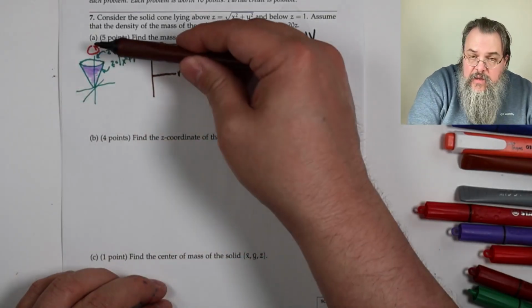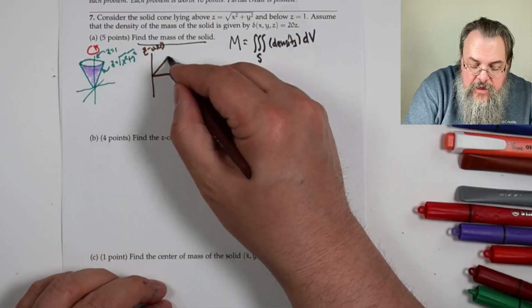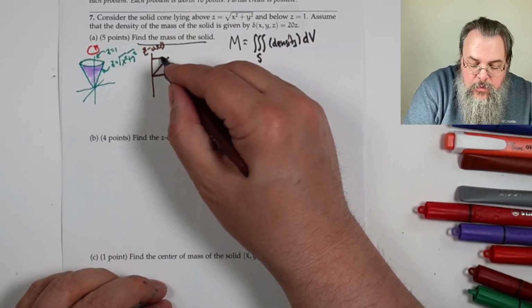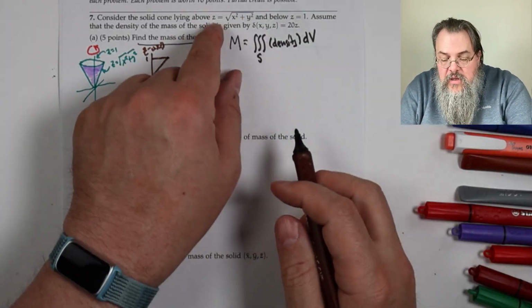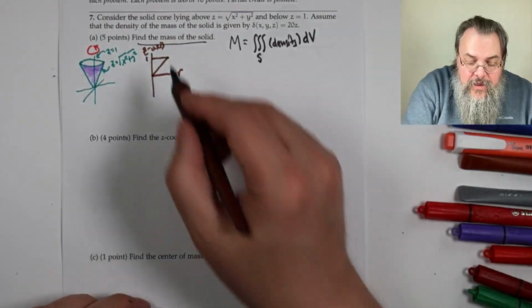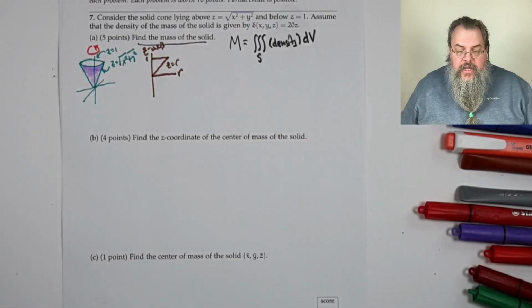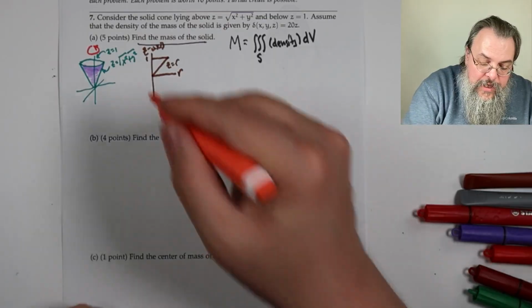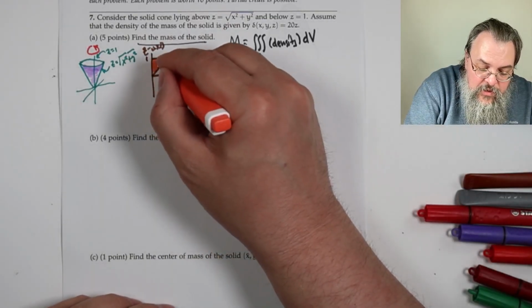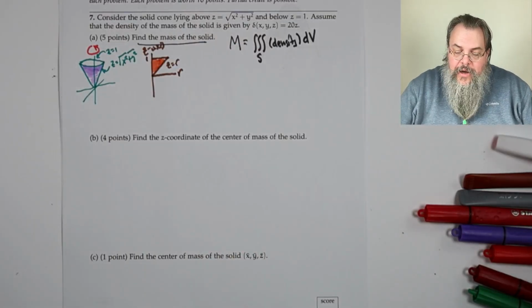And when you slice this cone, what you're going to get is a triangle. And we know it has a height 1. And we see z equals square root of x squared plus y squared. Well, that's like z equals r. And that's the description here in the RZ plane. So we're ready to talk about how to set things up.